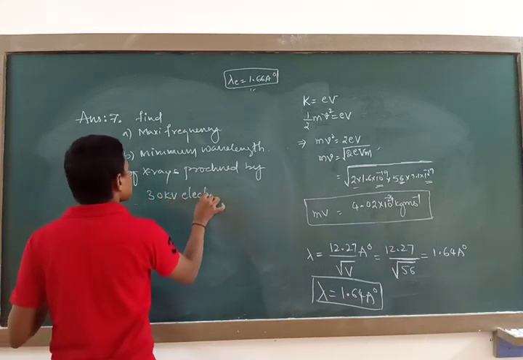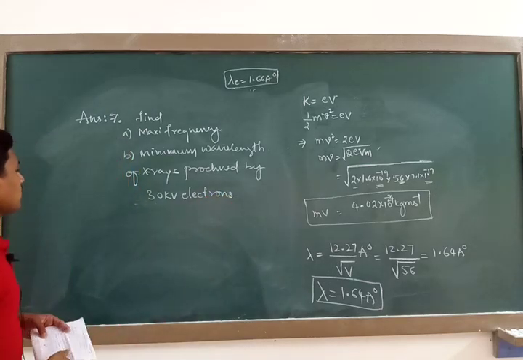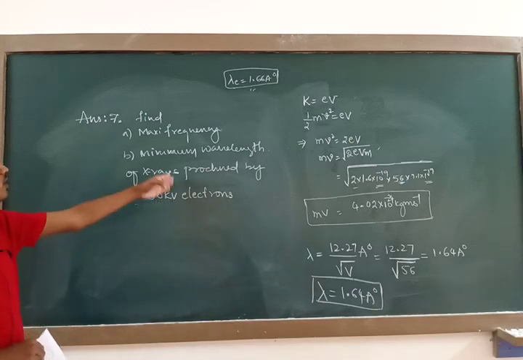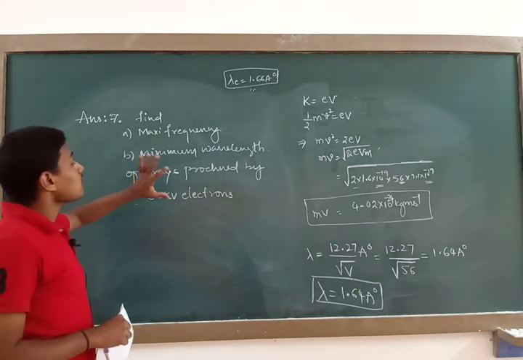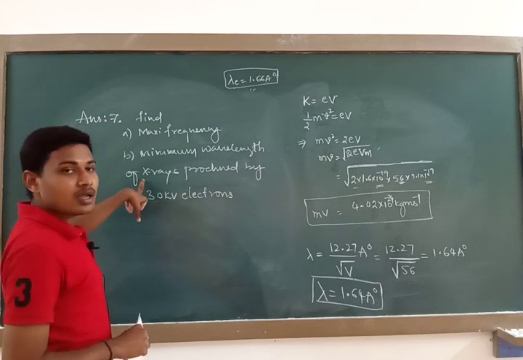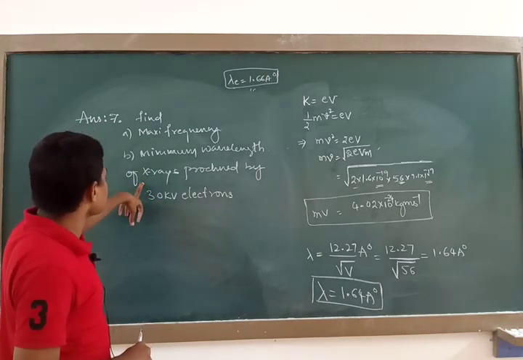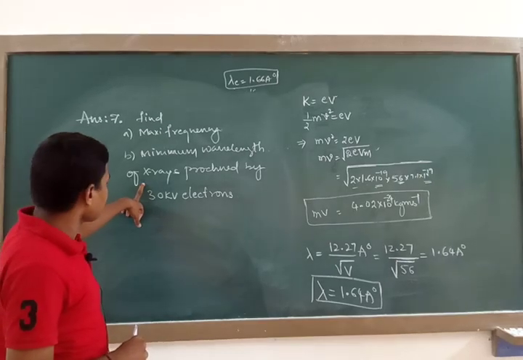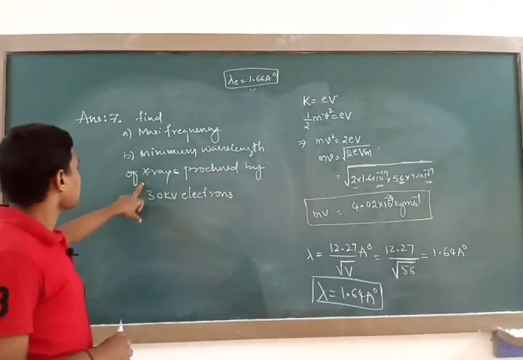It means when electrons are subjected to 30 into 10 raised to 3 volt, it becomes 3 into 10 raised to 4 volt. So under this potential difference, if electrons are accelerated, then they will produce X-rays, and for that we definitely have to take some crystal in order to eject the X-rays here.